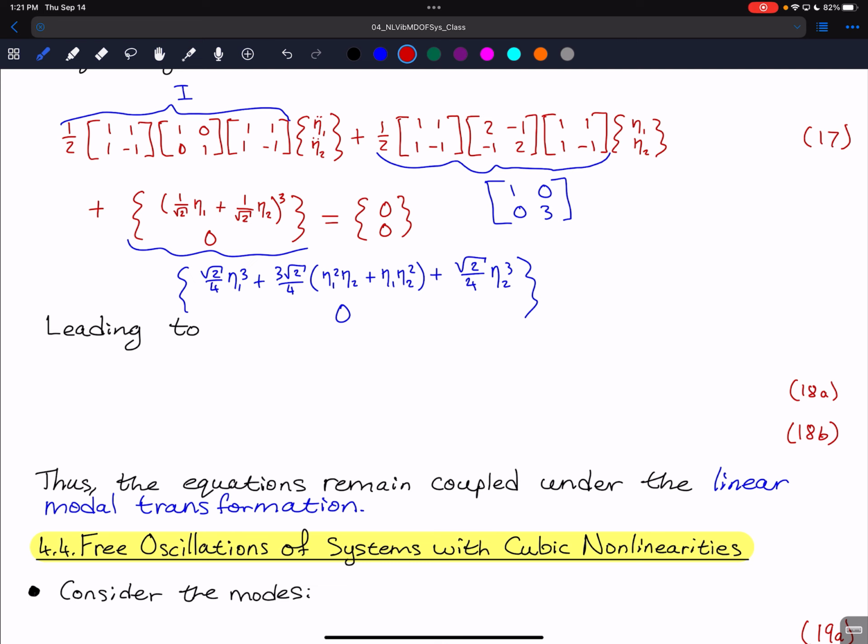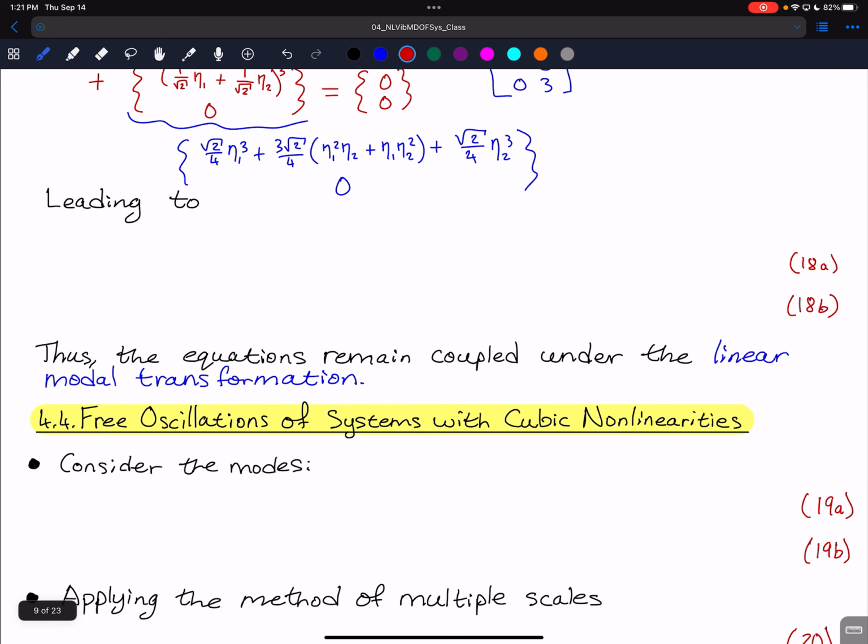That's that vector. And so what we end up with is two equations, the first being eta 1 double dot plus eta 1 plus square root 2 over 4 times the quantity eta 1 cubed plus 3 eta 1 squared eta 2 plus 3 eta 1 eta 2 squared plus eta 2 cubed equal to 0.